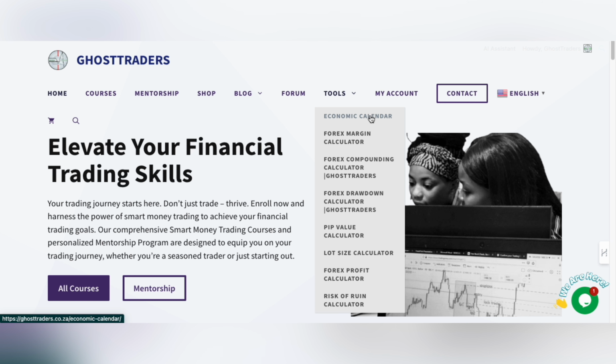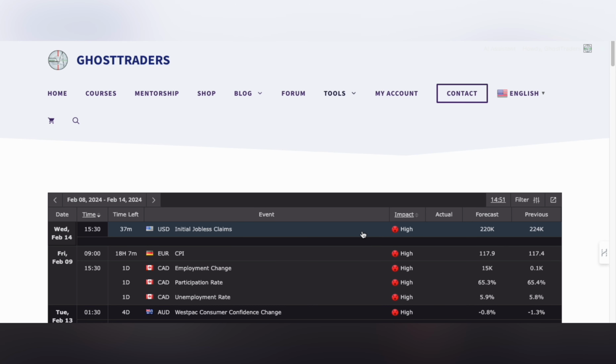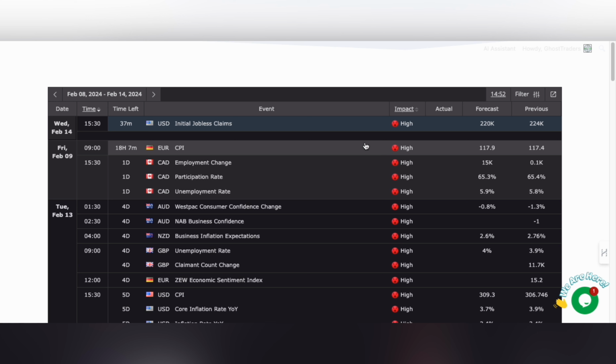I just want to digress a little bit because I believe this one is also important when it comes to risk management, so that you know when to avoid trading or when to trade with caution. This calendar is already filtered to only show high impact news, so news that are most likely to have an impact on the market. That's what you need to focus on.